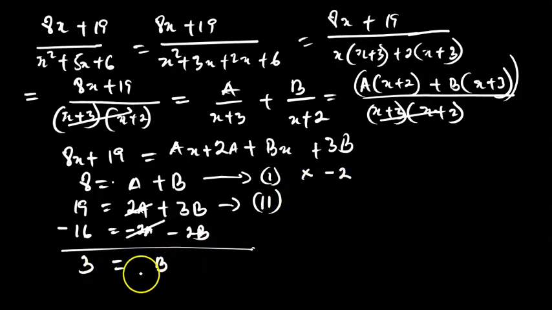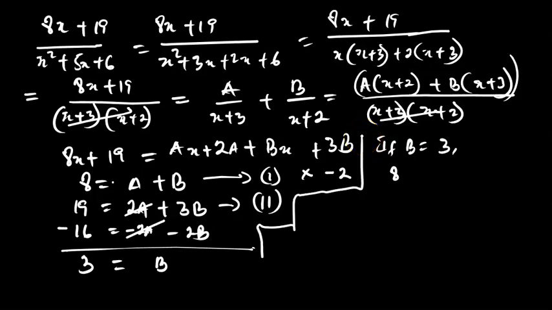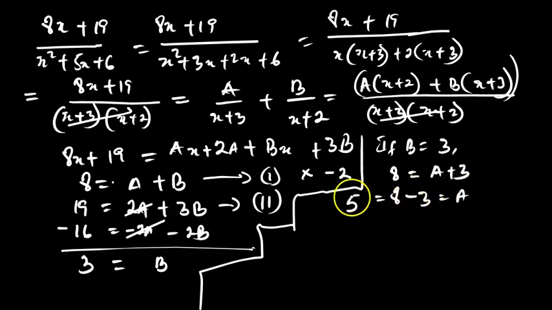If B is equal to 3, then from equation 1, 8 is equal to A plus 3. So 8 minus 3 is equal to A. Obviously, A is equal to 5.